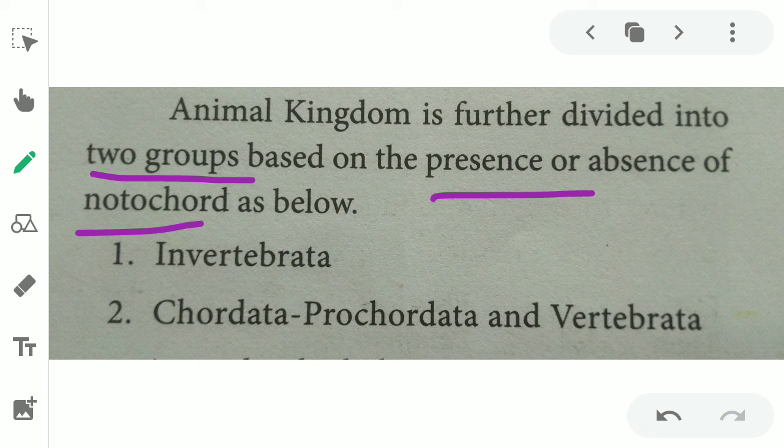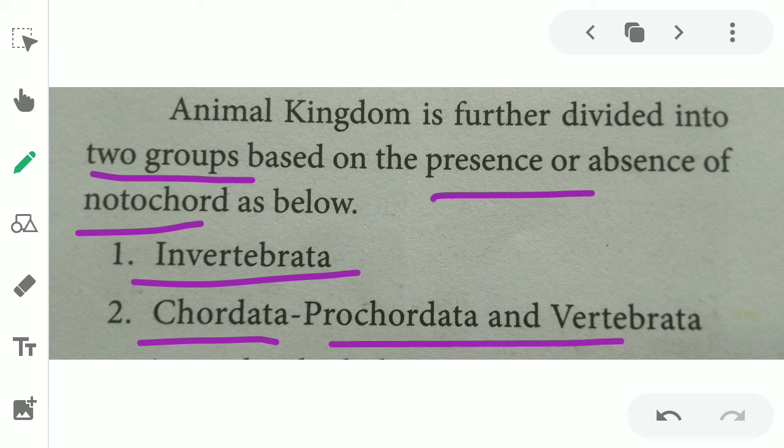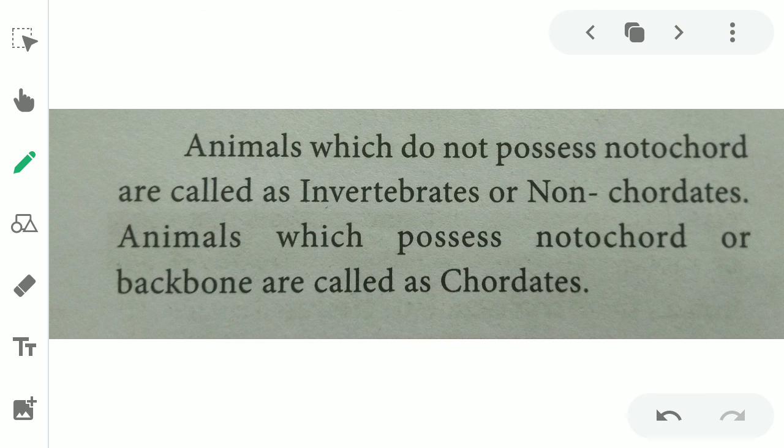Notochord develops later as a backbone. Invertebrates have no notochord. Chordata have the backbone. Animals which do not possess a notochord are invertebrates or non-chordates.